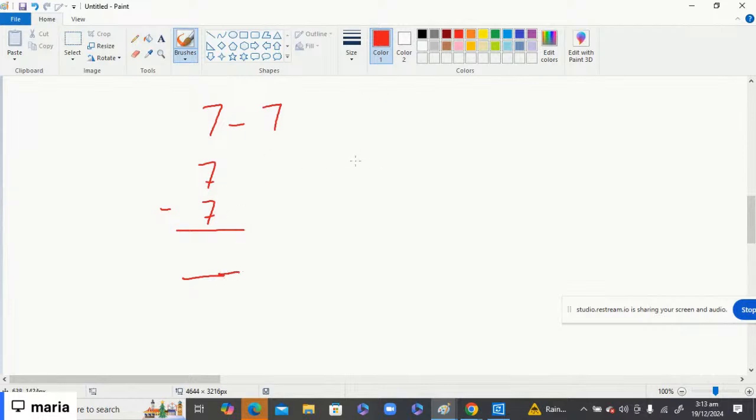So you have 7, draw the 7 lines, 1, 2, 3, 4, 5, 6, and 7, and remove all these 7 lines. Look at here, there is 7, so just remove it. 1, 2, 3, 4, 5, 6, 7. 7 lines, 7 removed, so this is 0. How many are left? 0 is left.